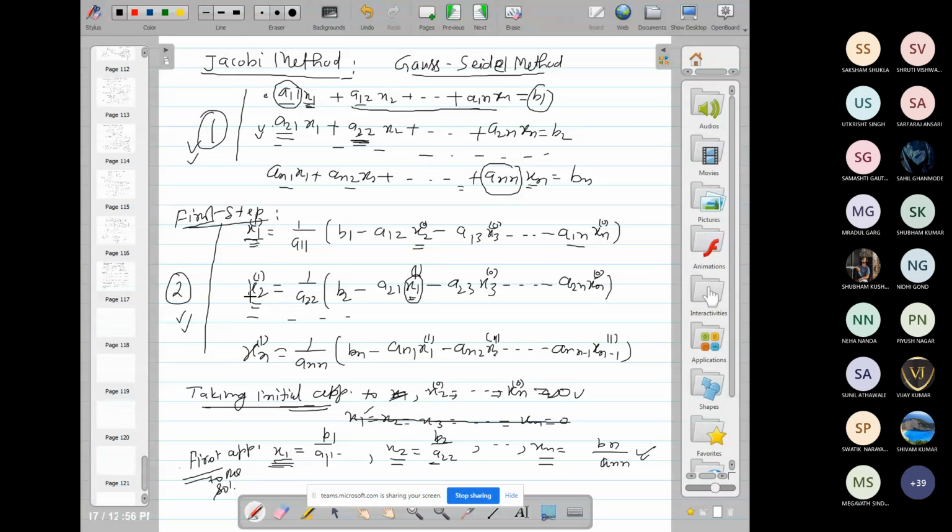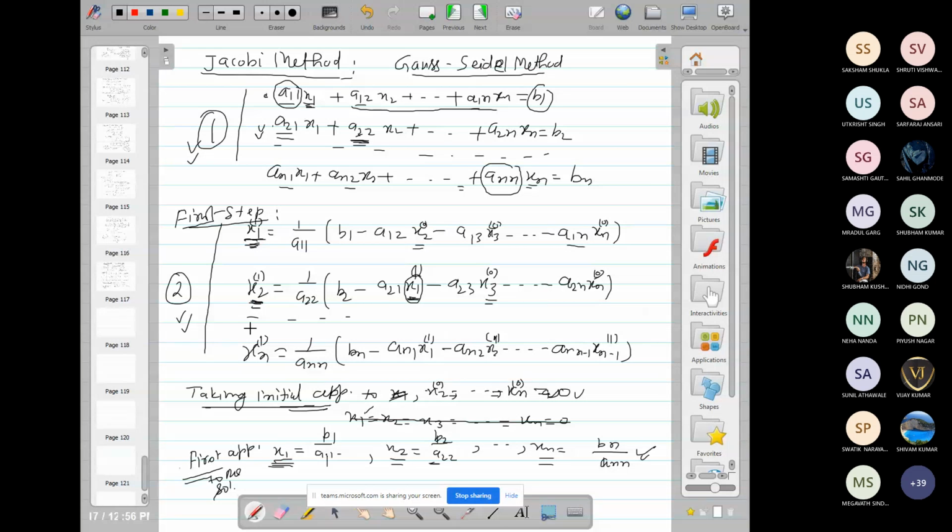But here it is different. First we need to calculate the value of the first variable for the first approximation, then we use this obtained value for the first variable and the 0th approximation for the remaining variables. Then we obtain the first approximation to the second variable.